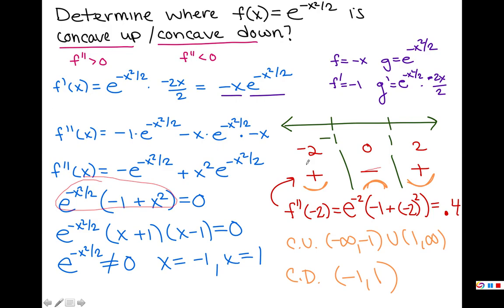Because we're analyzing the second derivative, the positives tell me that the graph is concave up, or has an upward curvature. The negatives tell me the graph is concave down, or has a downward curvature. To answer the question, where is it concave up? That's where I have the plus signs: negative infinity to negative 1, and 1 to infinity. And where is it concave down? That's where I have the minus sign, so negative 1 to 1.